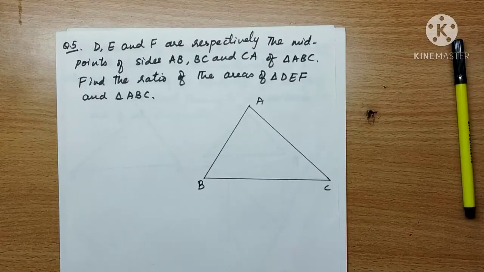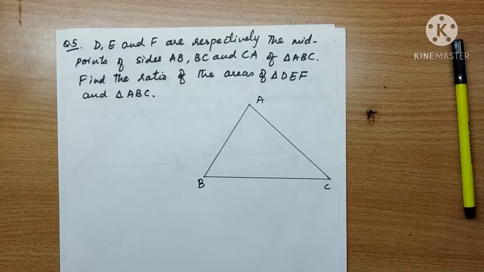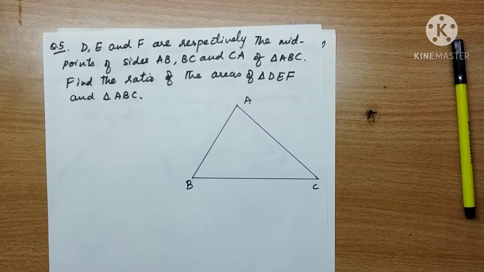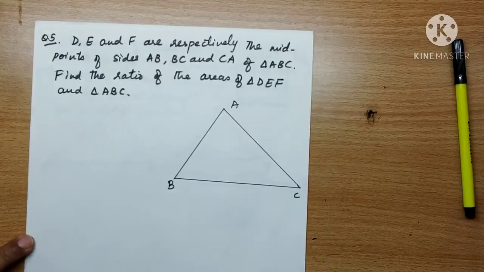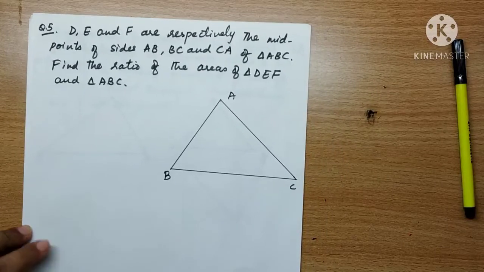Now in question number 5, it says D, E, F are the midpoints of the sides AB, BC, CA of triangle ABC. Find the ratio of the areas.